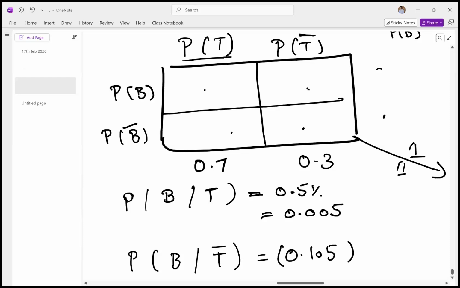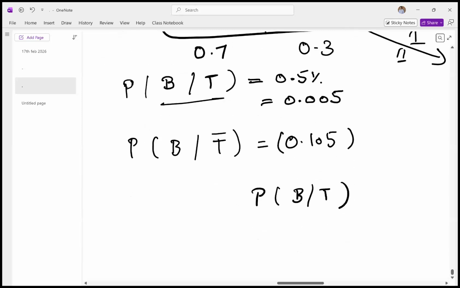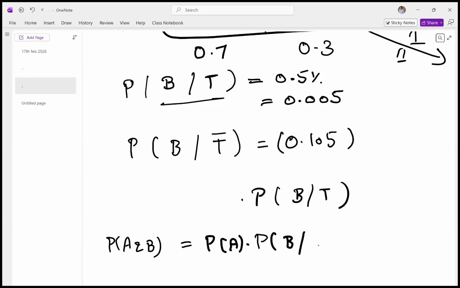So first of all, I have to fill in the information. Here, B and T bar is given to me, P(B/T). I highly recommend you open the formula booklet and look at what is given to you. You are given a pattern: P(A and B), the general multiplication rule, equals P(A) times P(B) once A has happened.